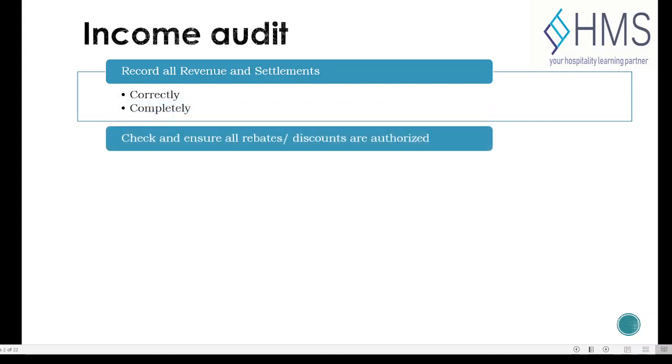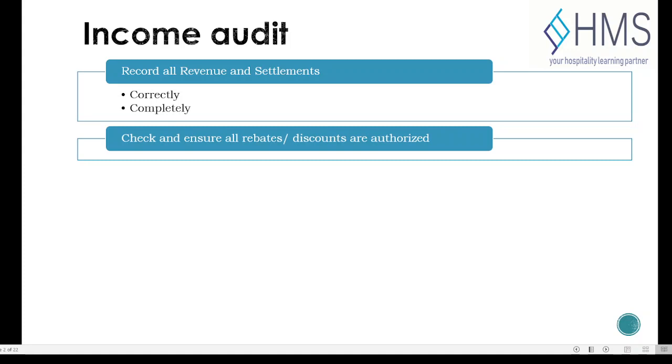And then it will also check to ensure that all rebates and discounts are authorized, because in hospitality we have a lot of rebates, and we give a lot of discounts to the guests for guest complaints or everything else. So their job is to make sure that they are all authorized as per the delegation of authority.